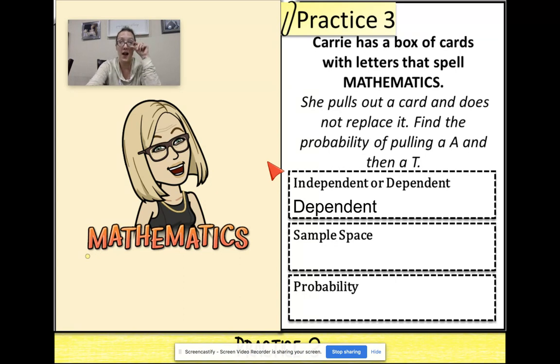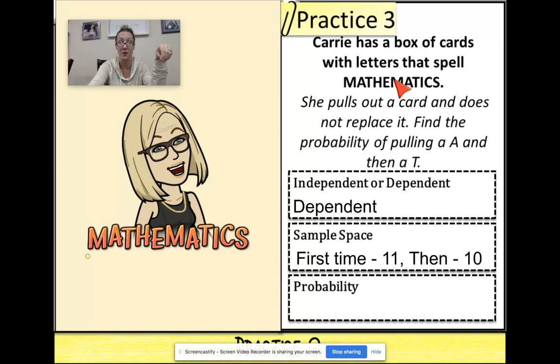So we need to find what is the probability of pulling an A. Well, first of all, let's talk about our sample space here. How many possibilities are we going to have? So let's look at how many letters are in the word mathematics. And here's where it gets interesting. So the first time she pulls, remember she's got all these letters in there. And if a letter is in the word mathematics multiple times, then that means there's more than one card for it.